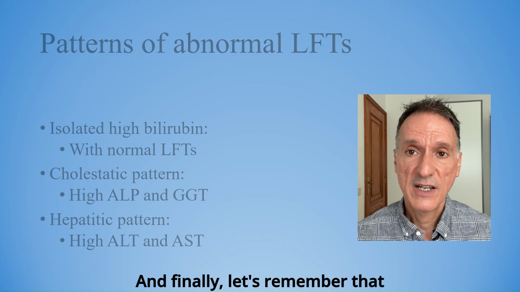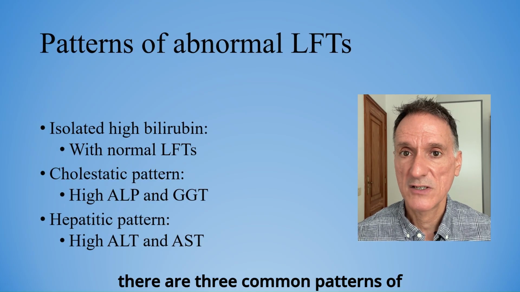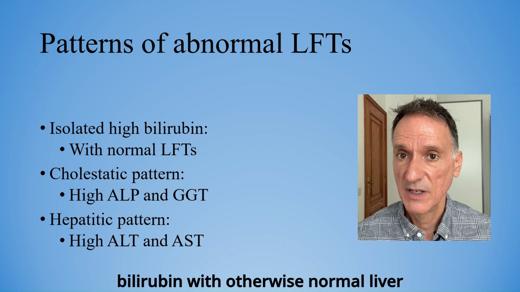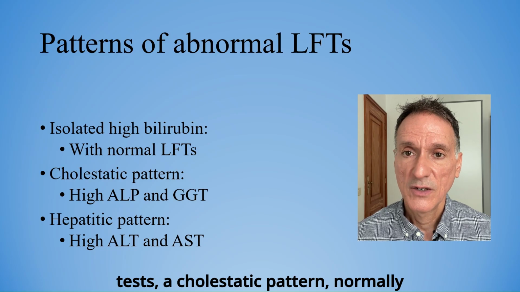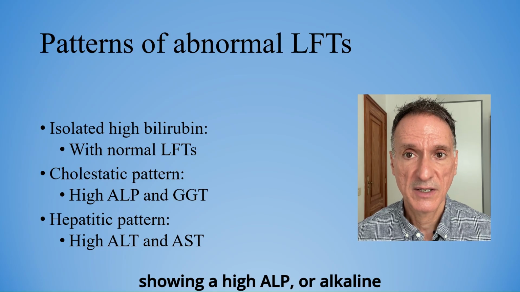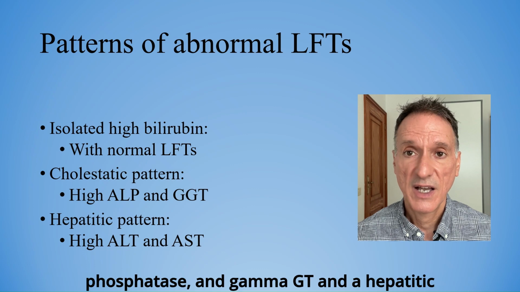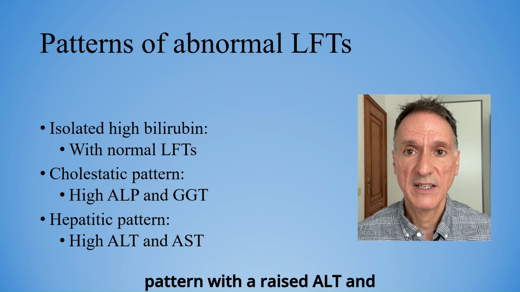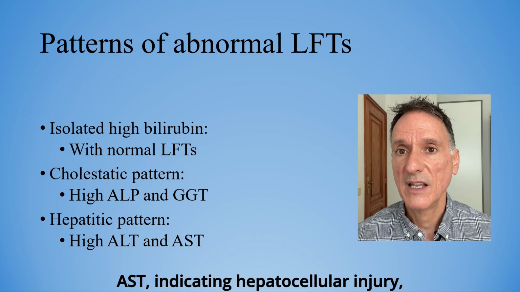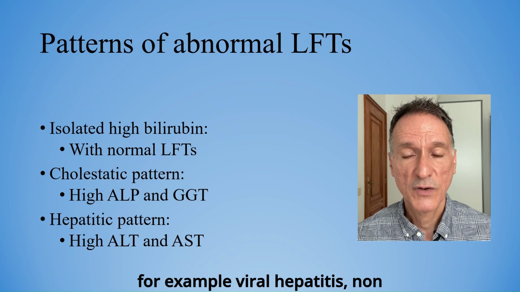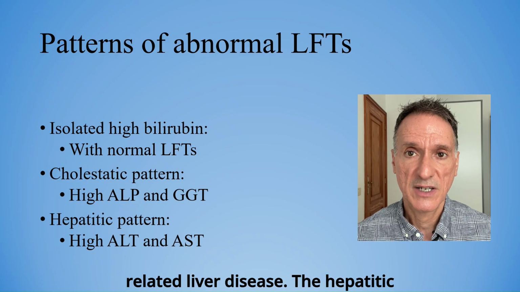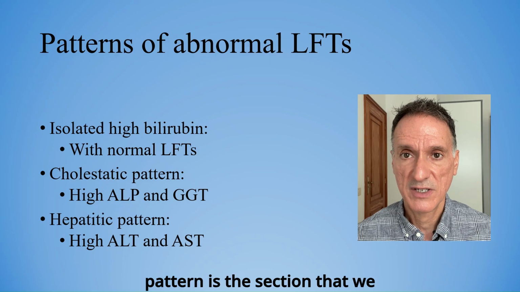And finally, let's remember that there are three common patterns of abnormal LFTs: an isolated raised bilirubin with otherwise normal liver tests, a cholestatic pattern, normally showing a high ALP or alkaline phosphatase and gamma-GT, and a hepatitic pattern with a raised ALT and AST, indicating hepatocellular injury, for example, viral hepatitis, non-alcoholic fatty liver disease, and alcohol-related liver disease.